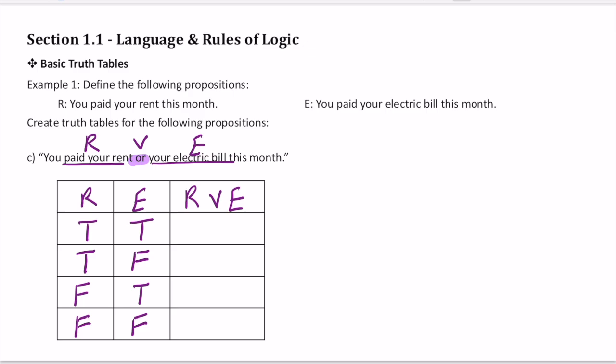For an OR proposition to be true, at least one statement must be true. Another way to think of this is that an OR proposition is only false when both statements are false. This means that the last combination is false and the rest are true.